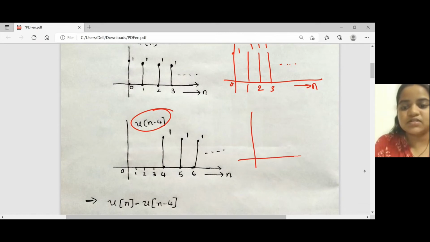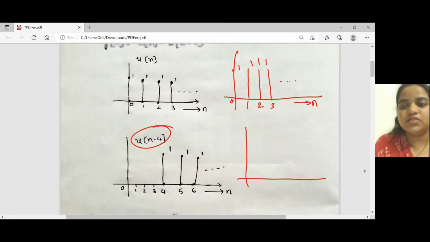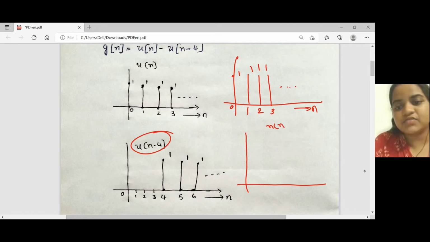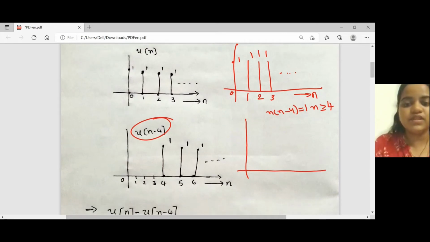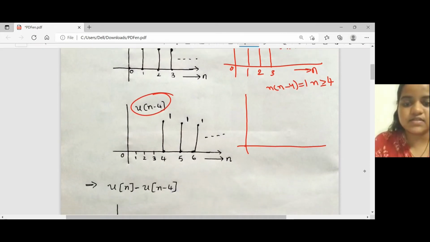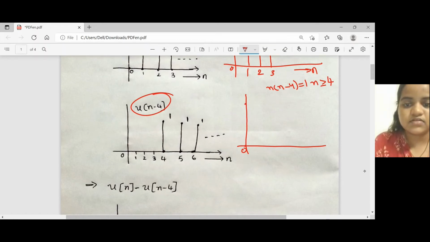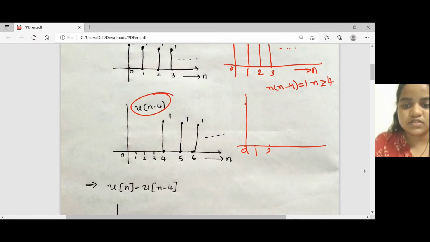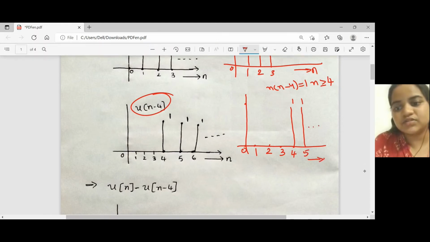Now let's plot the graph for u of n minus 4. Let's take an axis. We know that u of n minus 4 is equal to 1 when n is greater than or equal to 4. So we get a graph like this. 1, 2, 3, 4, 5, and so on.